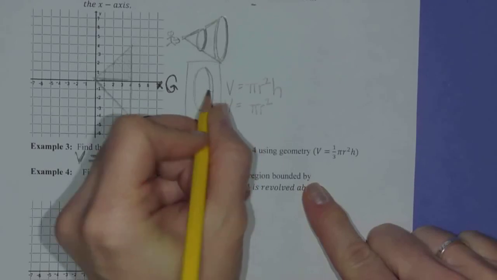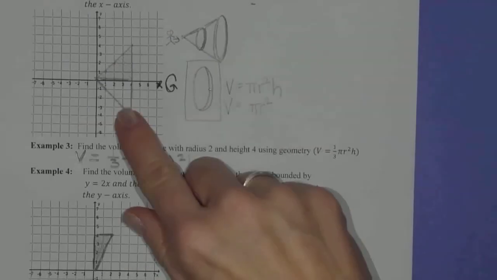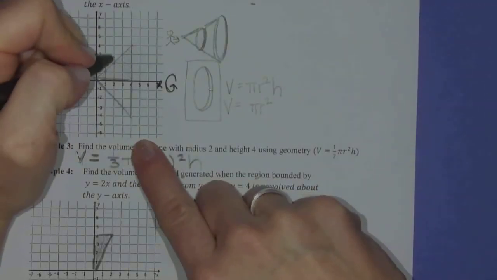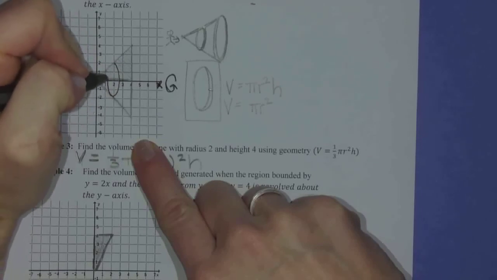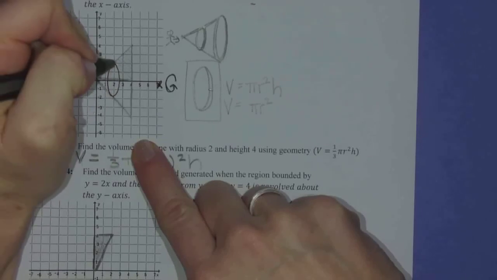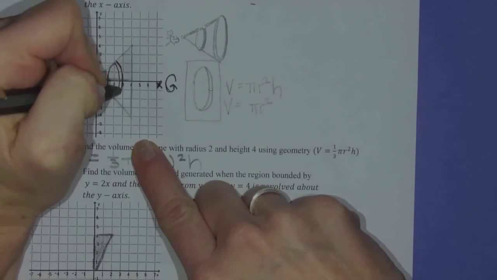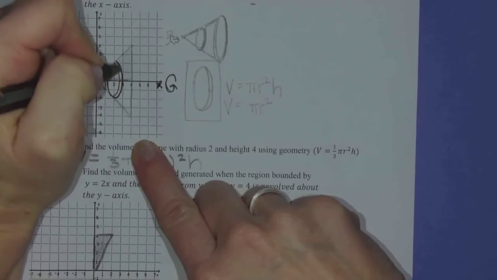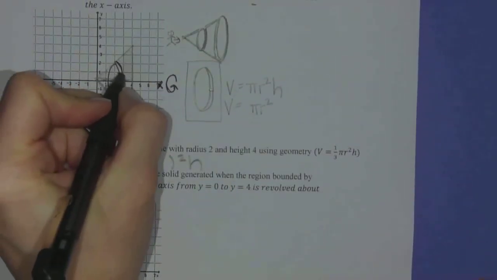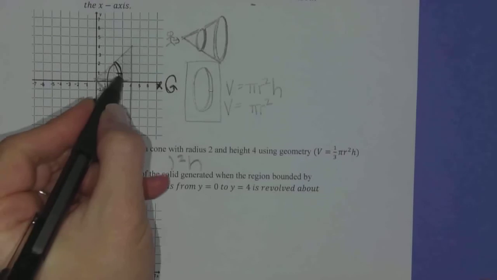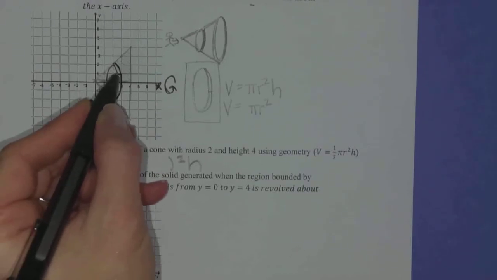Well, that height, if I draw a cross section, that's a disc, then my height of that disc running right here is just a little change in x because it's parallel to the x-axis.